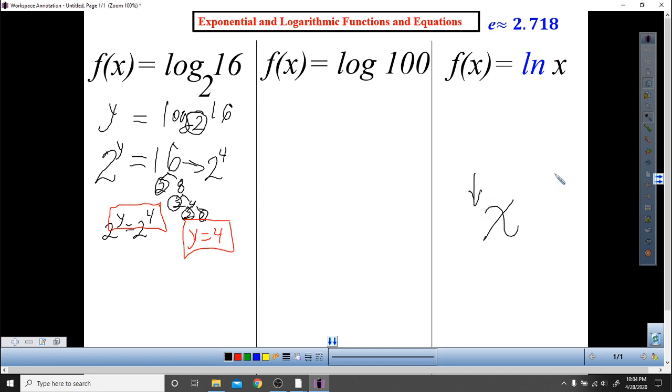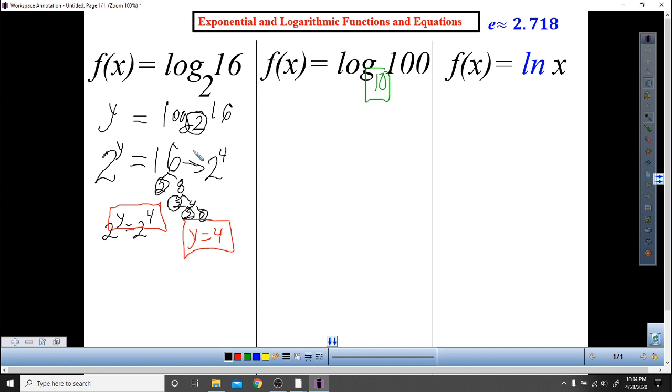Right, 1. However, for logs, it's not 1 when it's an invisible base. When there's an invisible base, guys, automatically know that when it doesn't have a number here, the number you should assume is base 10. So fill that in like that, so you guys remember that whenever it doesn't have a base, it's going to be base what? That is correct, base 10.